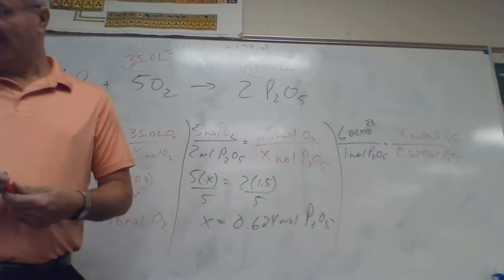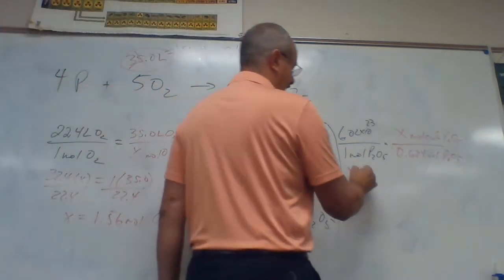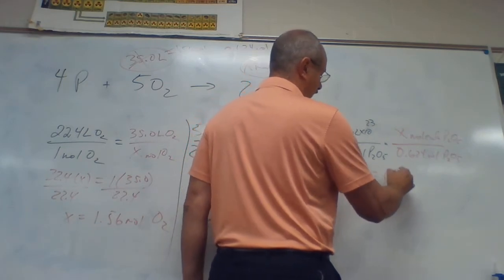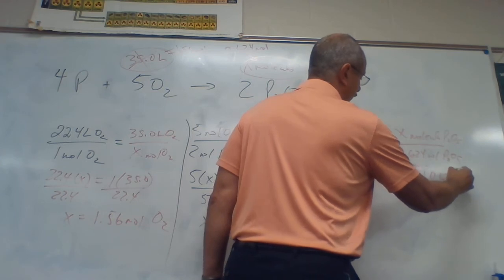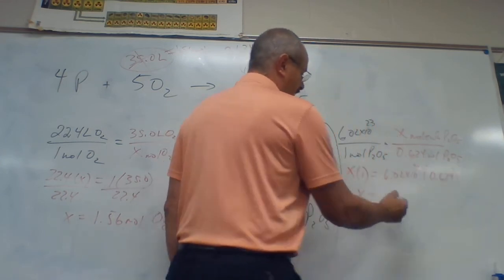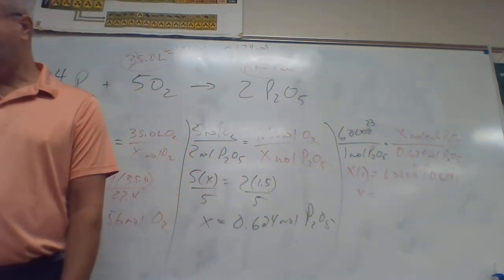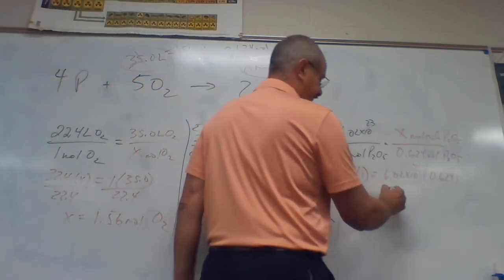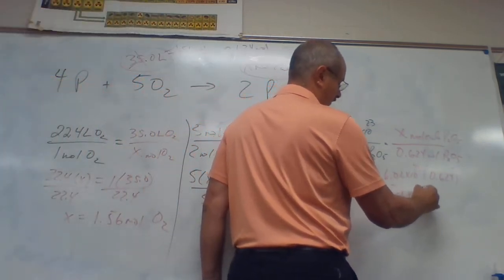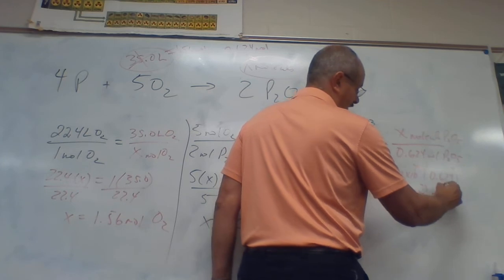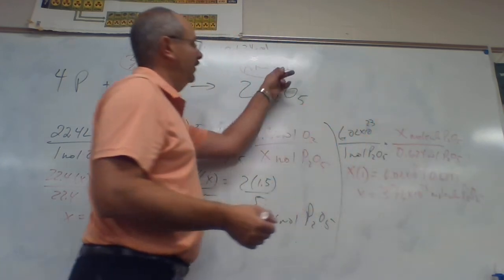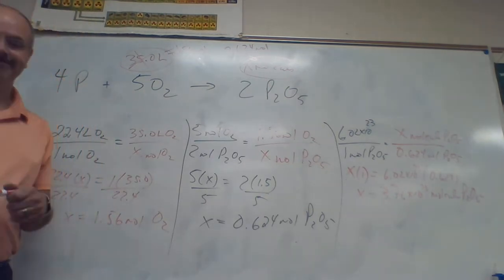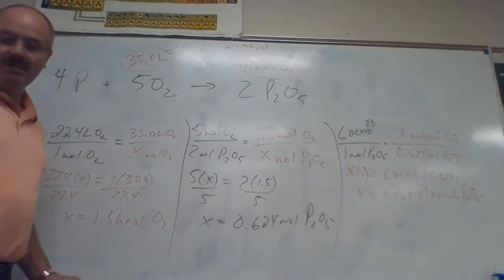Cross multiply and solve: X times 1 equals 6.02 times 10 to the 23rd times 0.624. Type it into your calculator and you get 3.76 times 10 to the 23rd molecules of P2O5, and that's what they wanted. That's my final answer on that one.